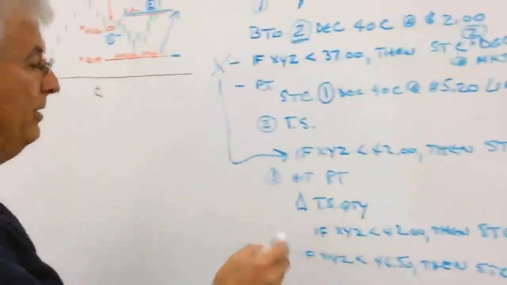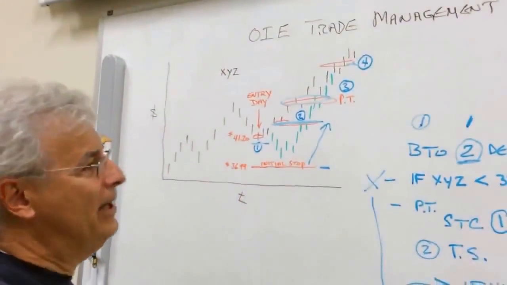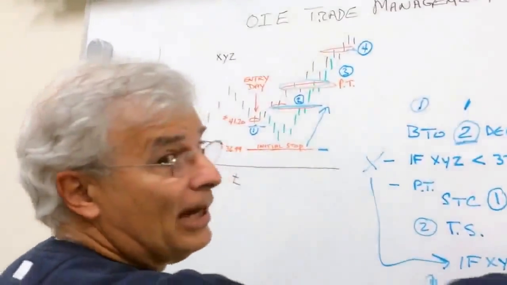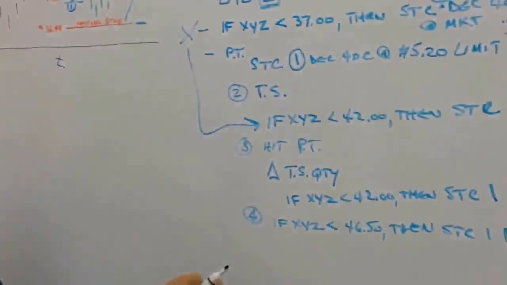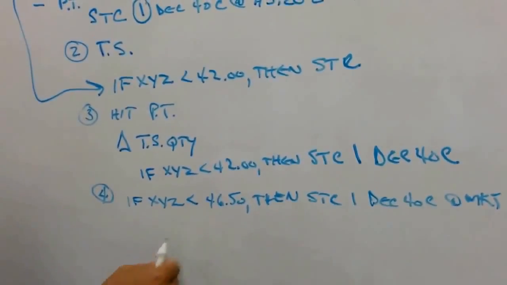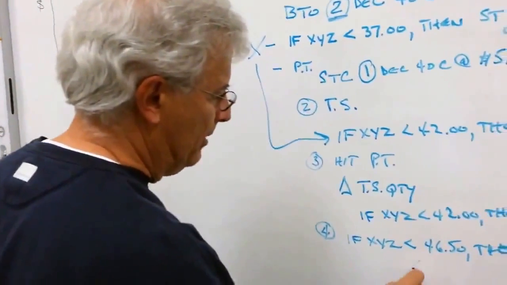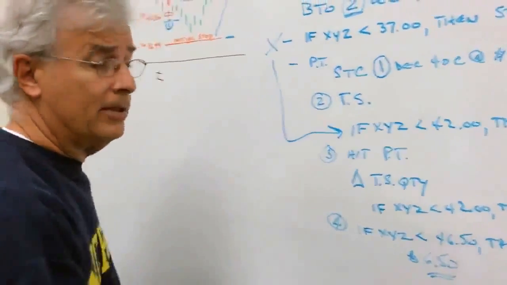And at that point, you're very happy. If you get stopped out here, you're very happy because you sold half at 5.20 at the profit target. With the stock at 46.50, remember, there's still a lot of time value left in this option. It's probably going to be more like $6.50 for that second half position.